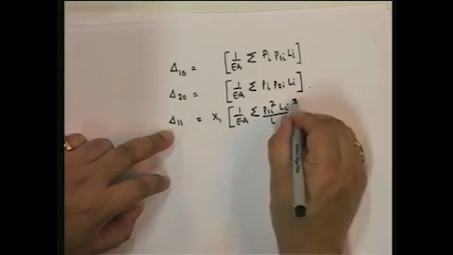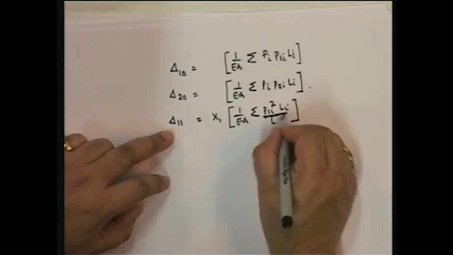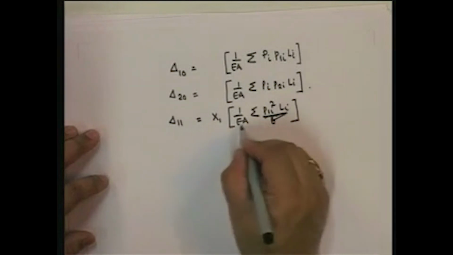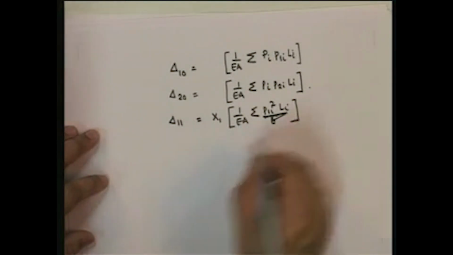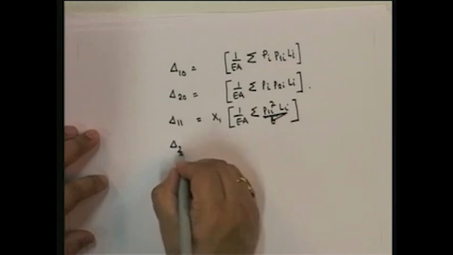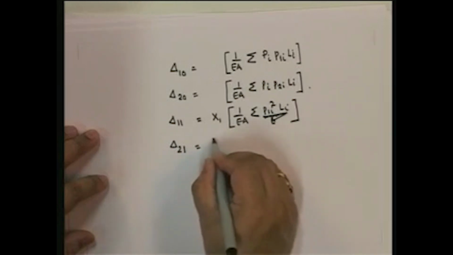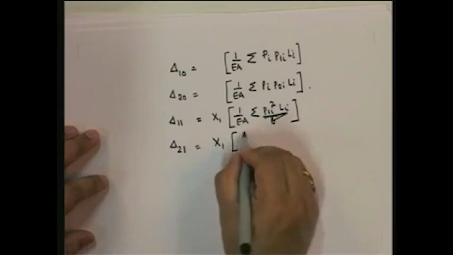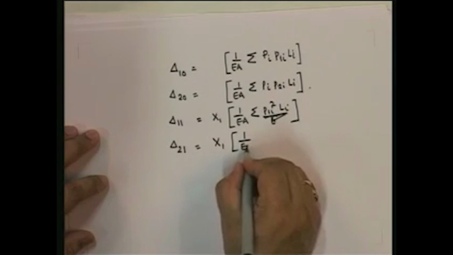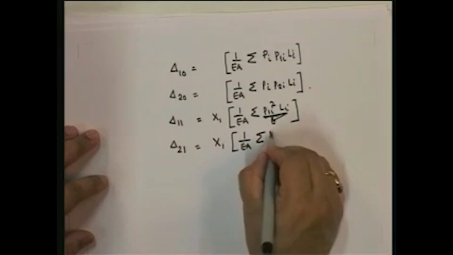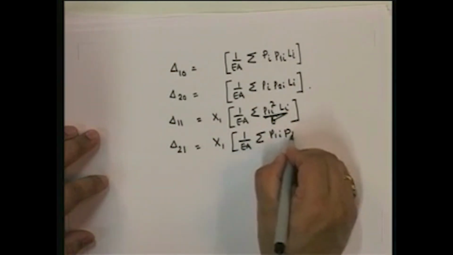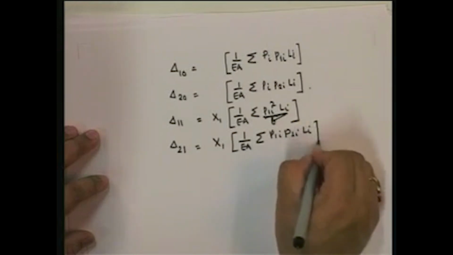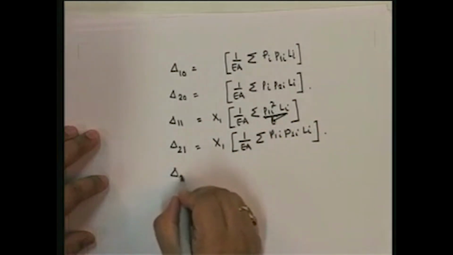Sorry, the Ea is already outside; of course, if Ea is not the same, you can put Eai inside also. Then delta 2 1 is equal to x1 into 1 upon Ea summation P1i P2i Li.